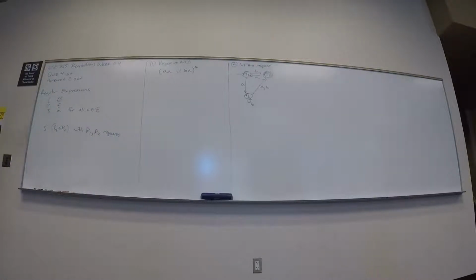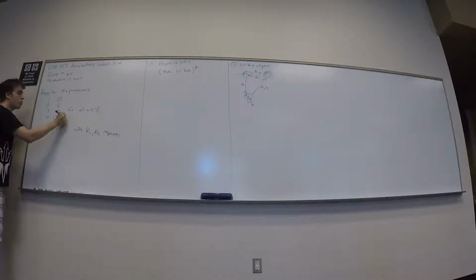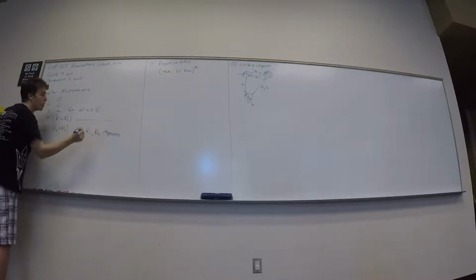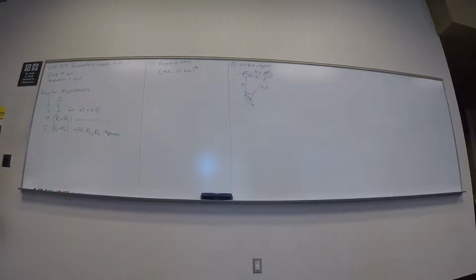What other ones can we build? What other regular expressions can I have? Union, yeah. So instead of just doing concatenation, I can do union. So R1 union R2. Anything else? Star, yeah.